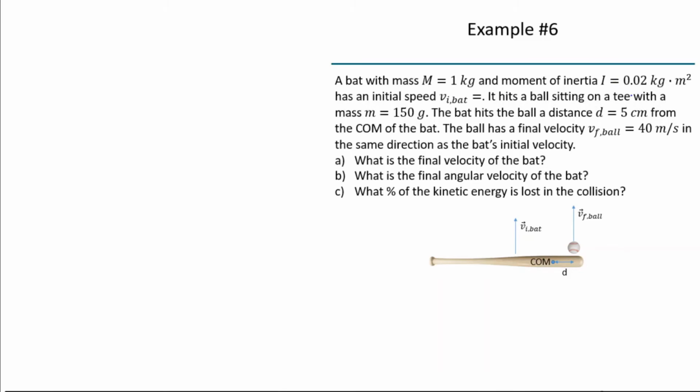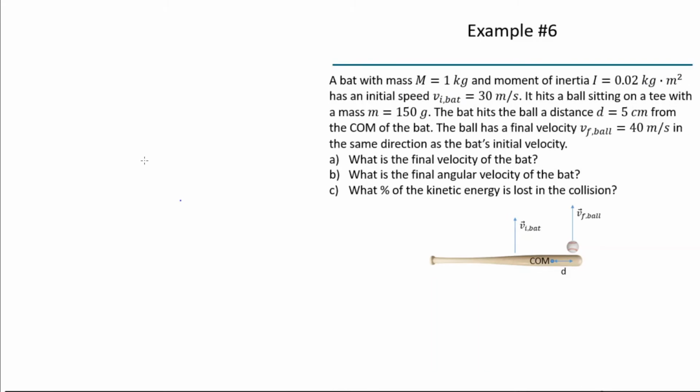So in this problem, a bat with a mass of 1 kilogram and a moment of inertia I equals 0.02 kilogram meters squared has an initial speed v initial bat equals 30 meters per second. It hits a ball sitting on a tee with a mass m equals 150 grams. The bat hits the ball a distance d equals 5 centimeters from the center of mass of the bat. The ball has a final velocity, v final ball equals 40 meters per second, in the same direction as the bat's initial velocity.